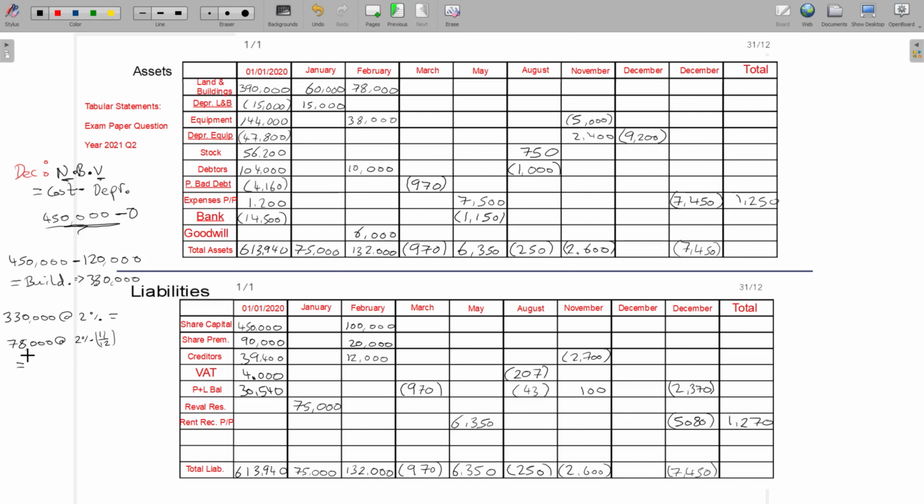So if you put that into your calculator, you get 1,430 and 6,600. So if we add those two together, 8,030. So depreciation of land and buildings, 8,030.